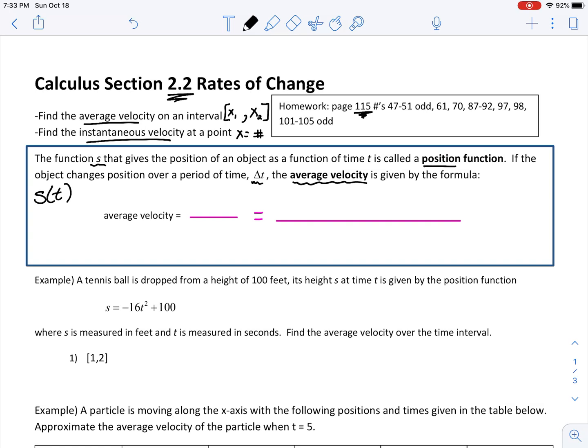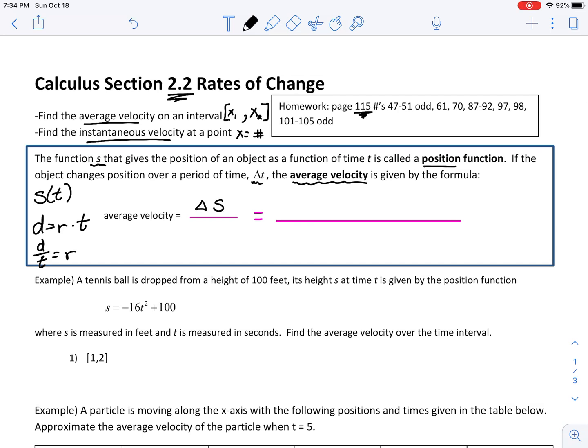If we think about that old equation, distance equals rate times time, which we talked about on the very first day of calculus, rate is the same thing as a velocity. Velocities are rates, how fast something is changing. If you try and solve for r, you have to divide by t. So d over t equals r. Distance traveled is the same thing as saying the change in position.